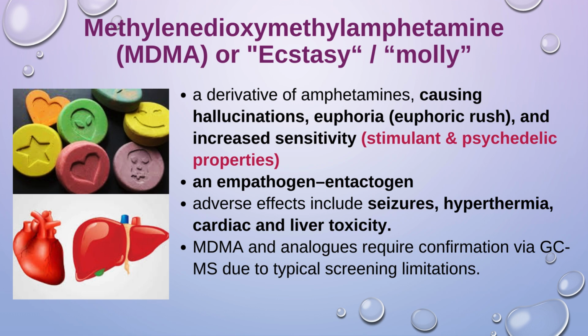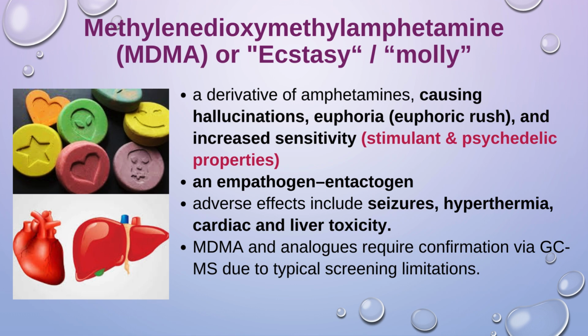So let's go to MDMA, ecstasy or Molly, or methylenedioxymethamphetamine. This is a derivative of amphetamines, and it can give you hallucinations, the euphoric rush, and increased sensitivity, because it's both a stimulant and a psychedelic drug. So you can see things not there, and then you are highly stimulated.